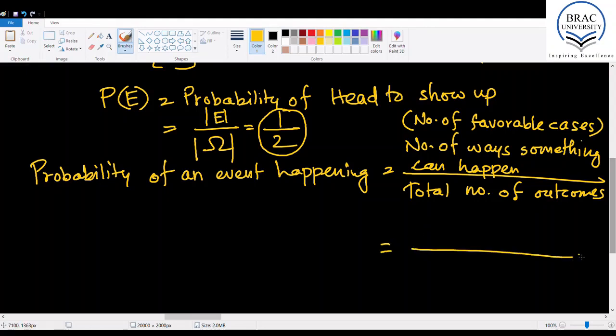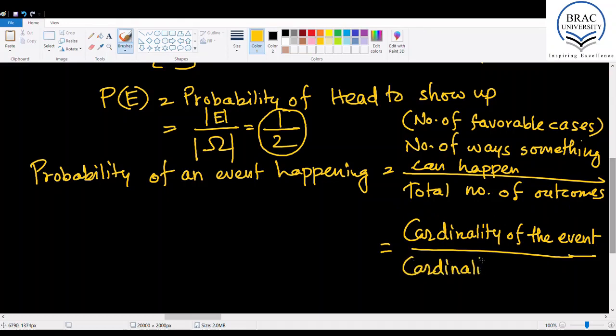Note that the numerator of this fraction is actually the cardinality of the event that we are expecting to happen, and the denominator denotes the cardinality of the sample space.